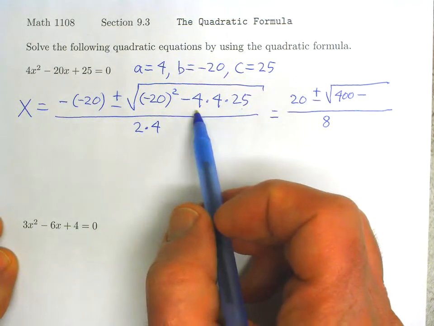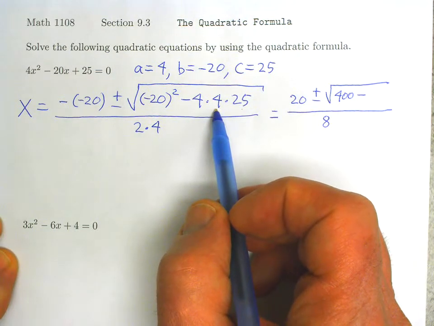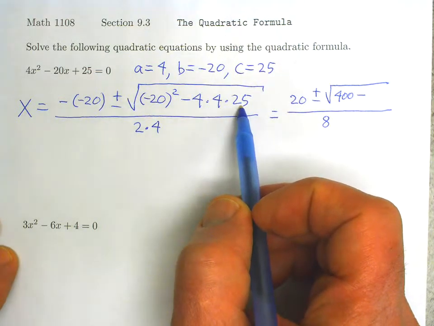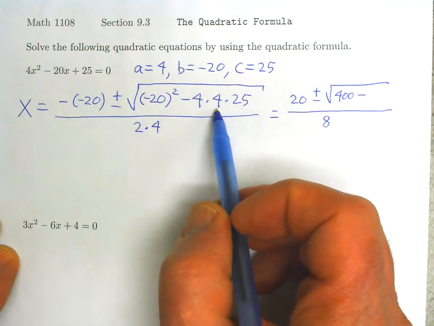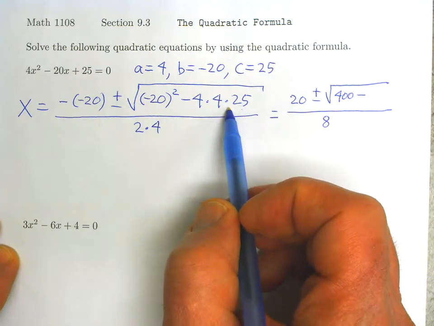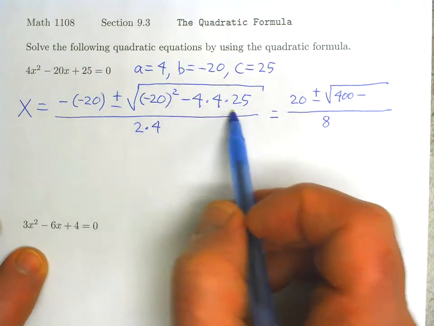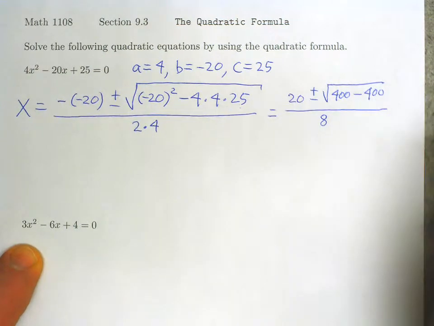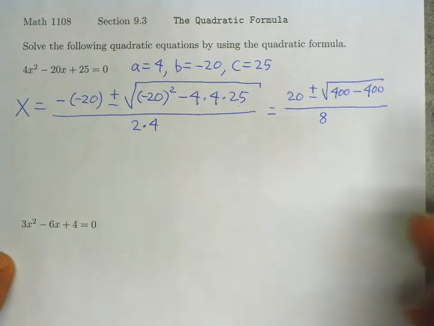Just the straightforward method, 4 times 4 is 16, and then 16 times 25, you can figure that out. But note first, if you multiply 4 times 25, which is 100, and then 4 times 100 is 400, so this is minus 400. Regardless of how you do it, it's going to be 400 minus 400 inside the square root. And that, of course, is 0.